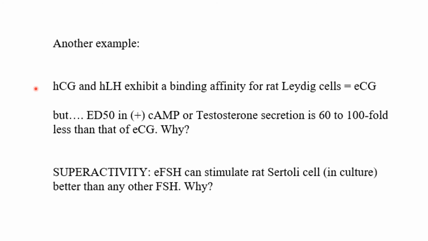But the estimated dose of HCG and human LH to stimulate a 50% increase in cyclic AMP or a 50% increase in testosterone secretion, the dose needed for both of these is 60 to 100-fold less than that of ECG. Why? Because of the different locations and amounts of sugars attached to these two hormones.